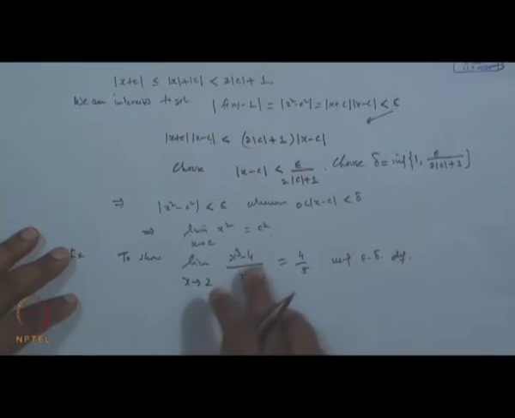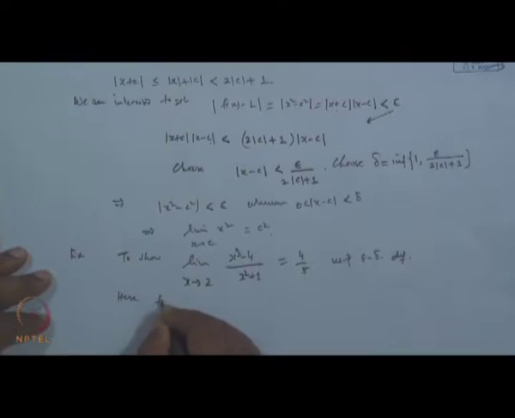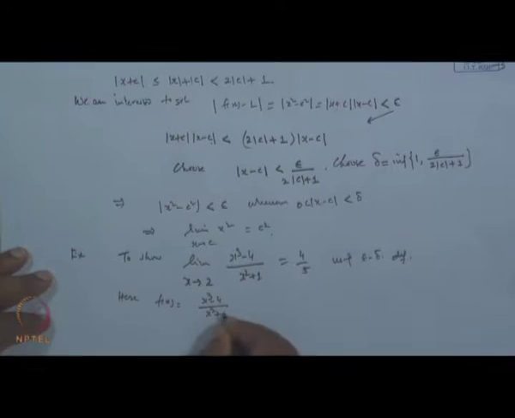So, our function f x is (x cube minus 4) over (x square plus 1) and L is 4 by 5.